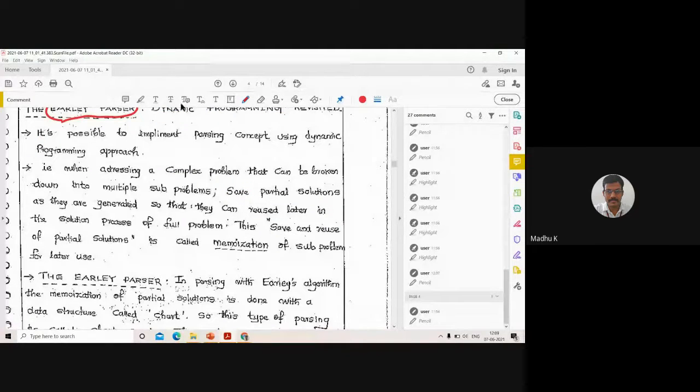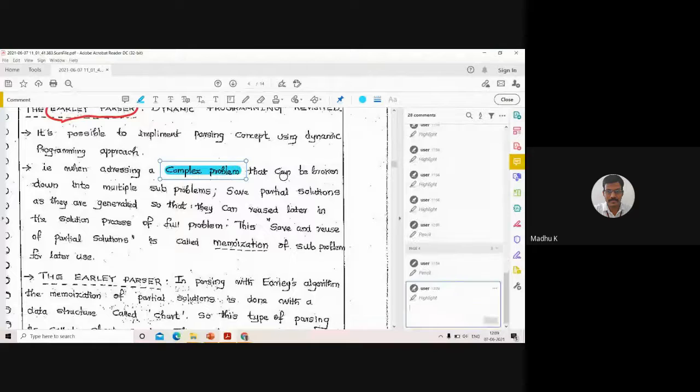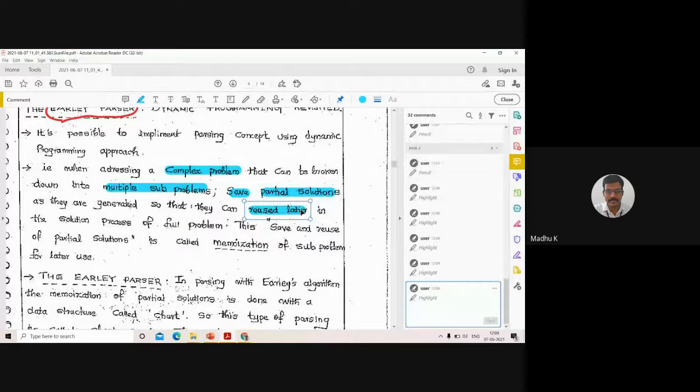So, when addressing a complex problem that can be broken into multiple subproblems, save the partial solutions as they are generated, so that they can be reused later in the solution process of the full problem.